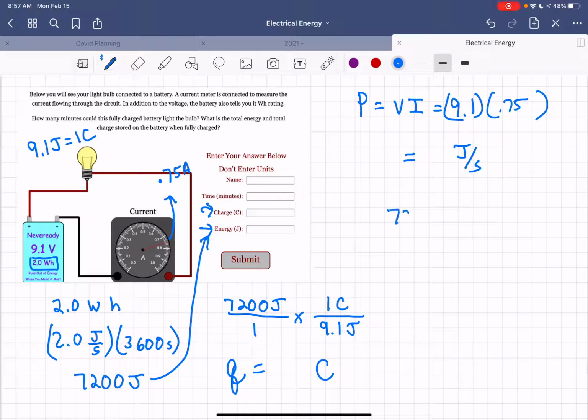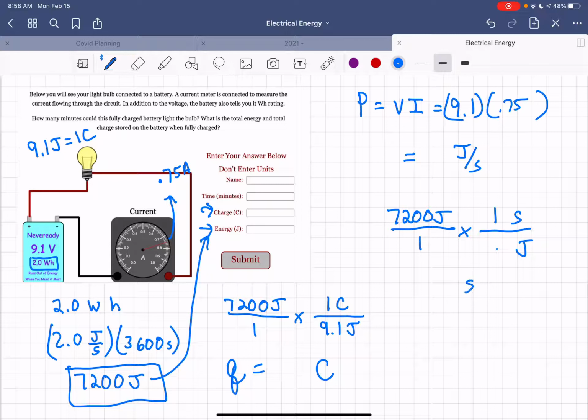Then you want to start with the fact that the battery holds a given amount of energy, which you already calculated. Then use your power and put your joules on the bottom, 1 second up top, and that'll tell you how many seconds your battery will last. Convert that into minutes, and that answer should go in at the top.